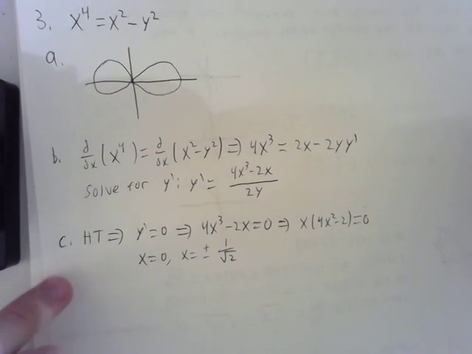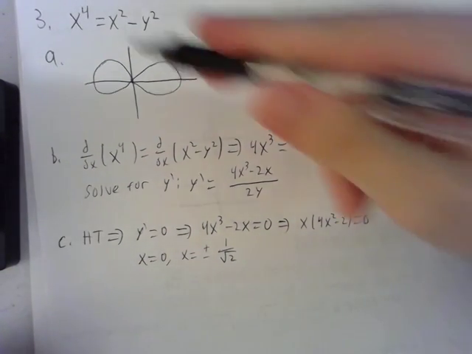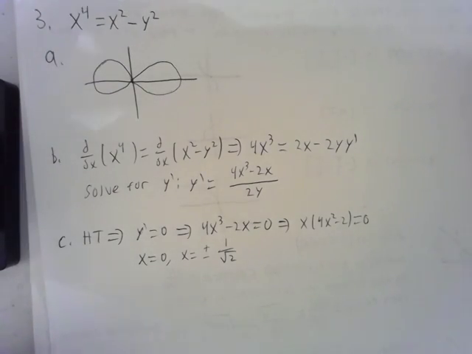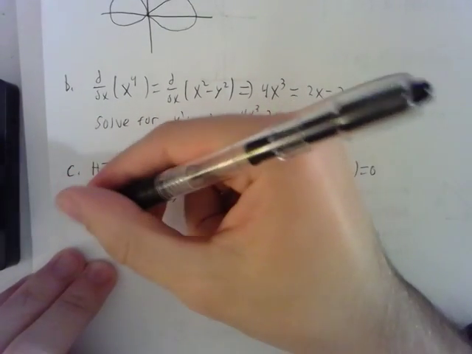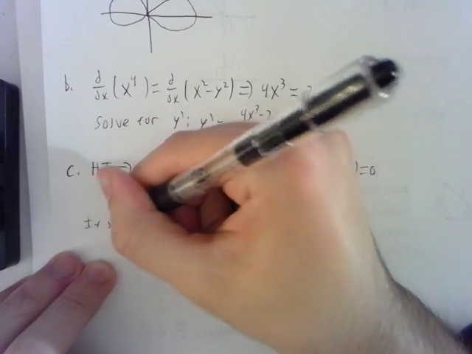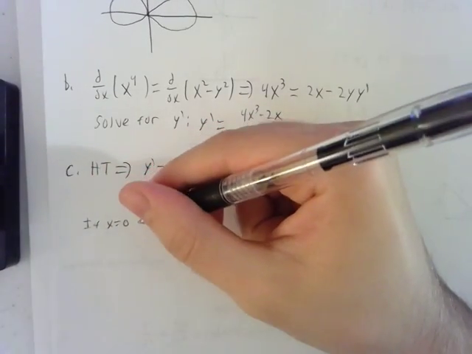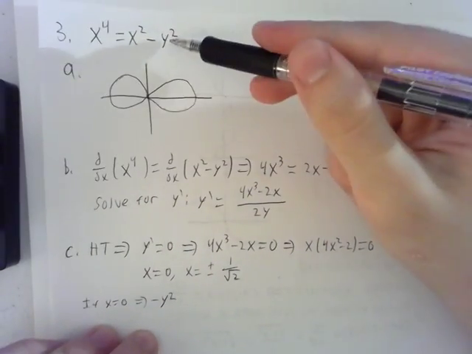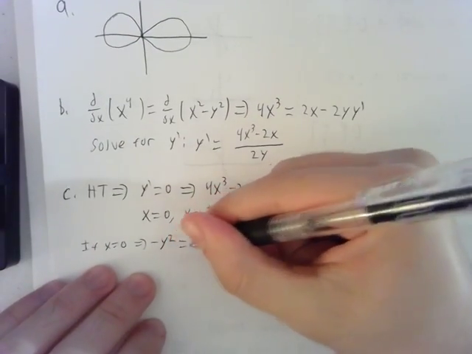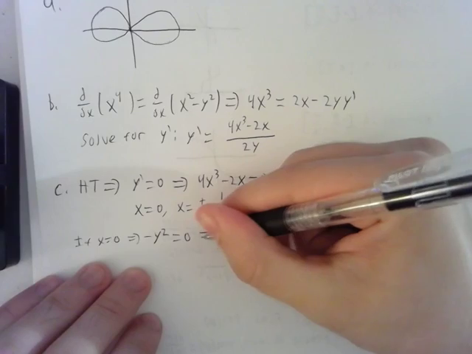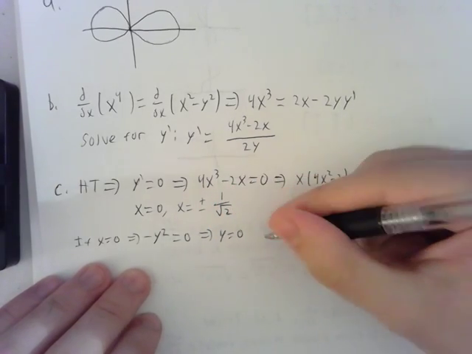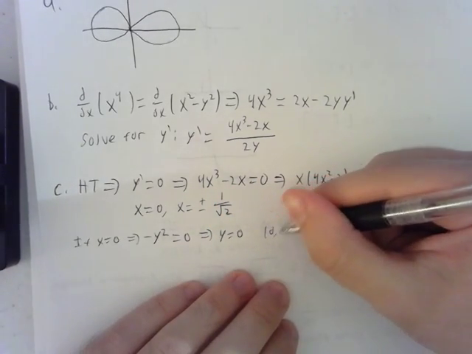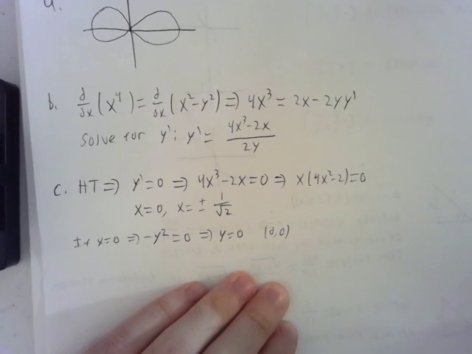Now we need to figure out for these x values, what are the corresponding y values? So if x equals 0, then from the original equation up here, negative y squared equals 0. So that means y equals 0. So 0, 0 is one candidate point.